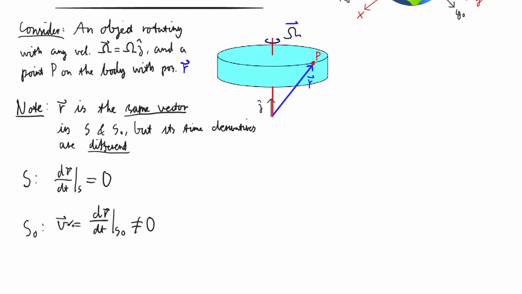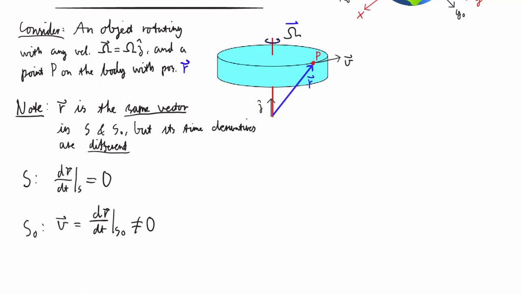Now, if we're interested here in this vector v, we can see that that's going to be pointing along the direction of the rim here, like that. This is the vector v. Let's just make it black.